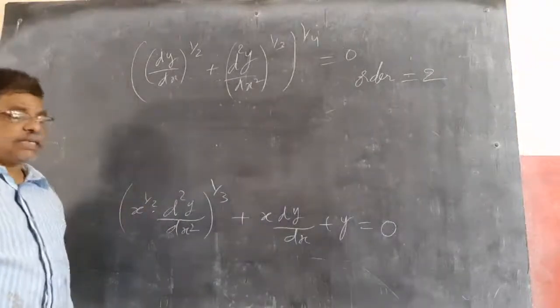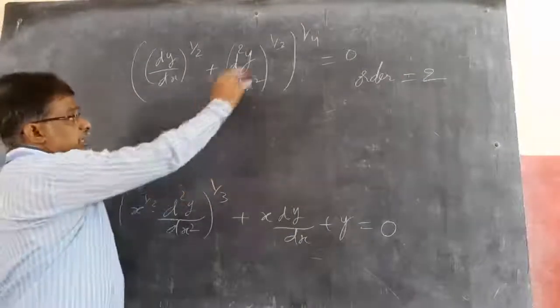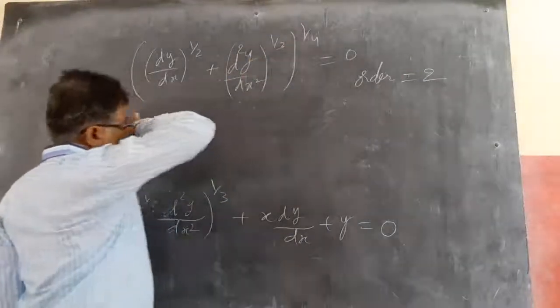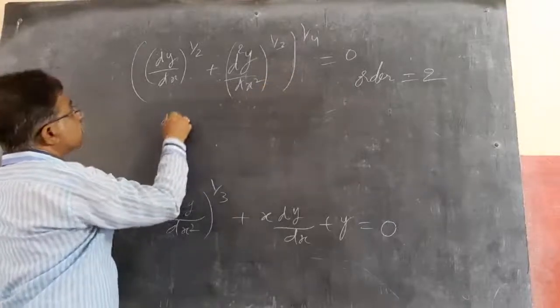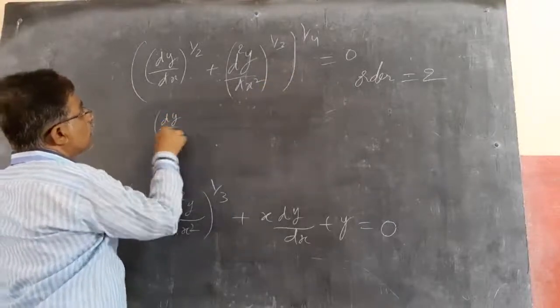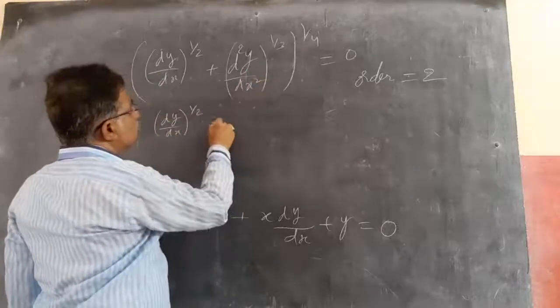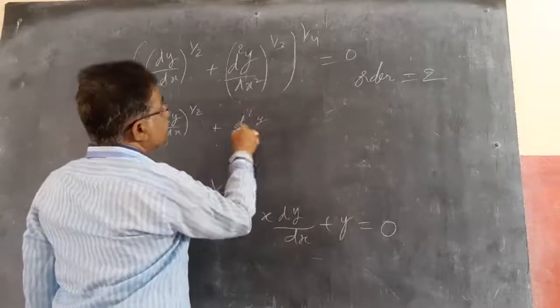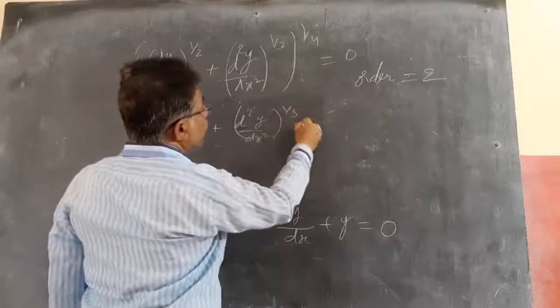To find the degree, you need to convert into a polynomial, I told. Means free from radicals. So whole power 4, if I raise to both sides, this becomes (dy by dx) whole power 1 by 2 plus (d square y by dx square) whole power 1 by 3 equal to 0.